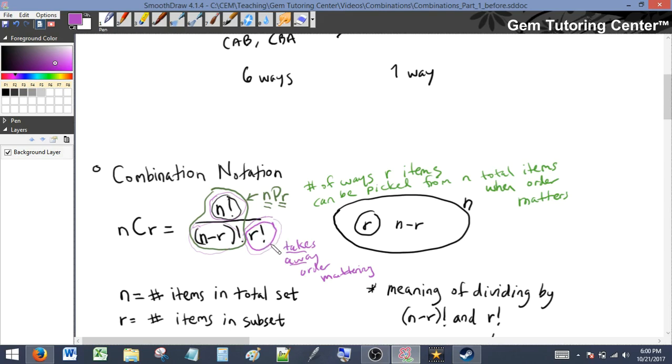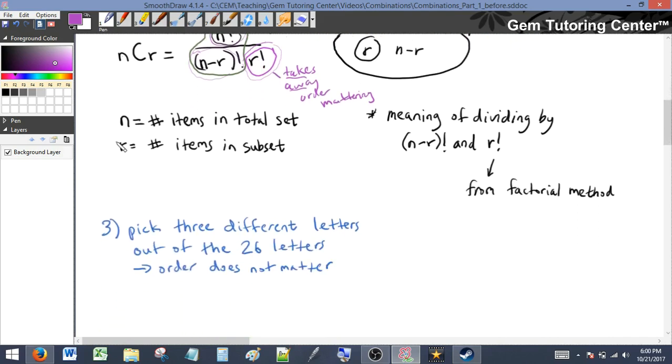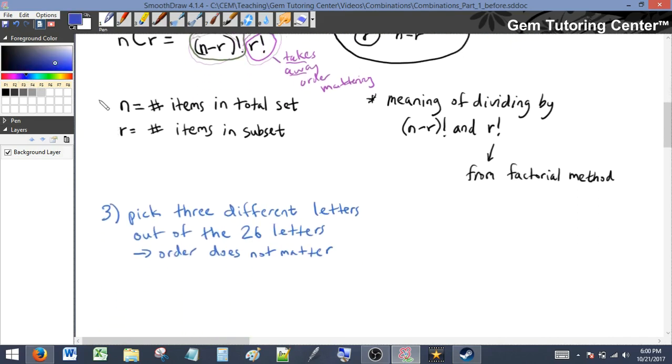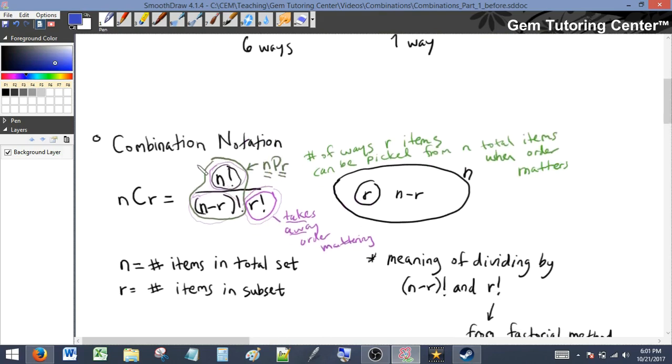So we're going to divide out this r factorial from the bottom. That's the meaning of those factors. Now let's do some practice problems. If you noticed, there's no slot method for combinations as there was for permutations. So we're going to directly use this combination notation in all the problems we're going to solve here.